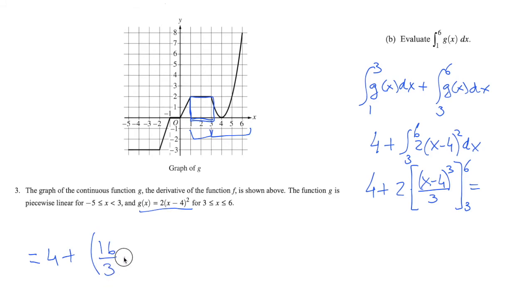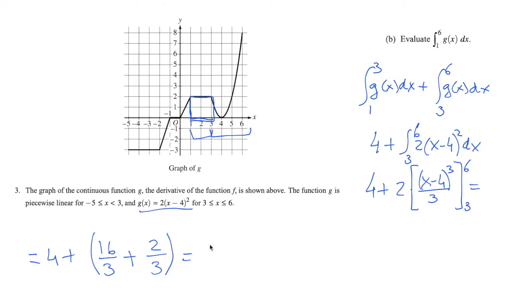And we subtract the same with the 3, substituting the 3. 3 minus 4 is negative 1, negative 1 to the power of 3 is negative 1, negative 1/3 times 2 is negative 2/3. So negative 2/3 with the minus becomes plus. Remember when we substitute, we subtract the lower one. So minus times minus becomes plus.